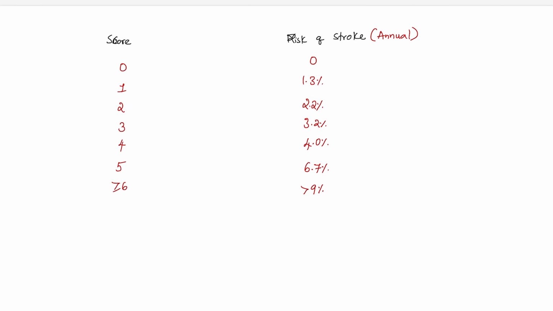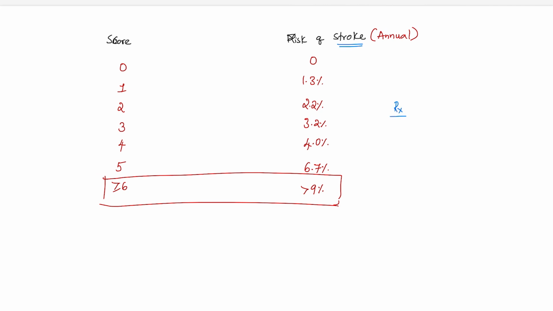If the score is 8, it will be around 12.7%. So overall, just remember that if the score is more than or equal to 6, then the annual risk of stroke will be more than 9%. As you can see, as the score increases, the risk of stroke increases. So that's why the treatment recommendation will change based on the score.